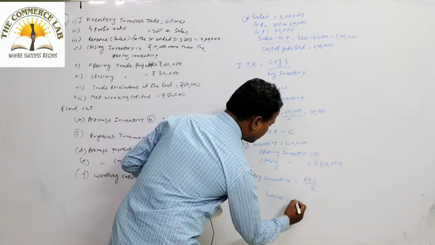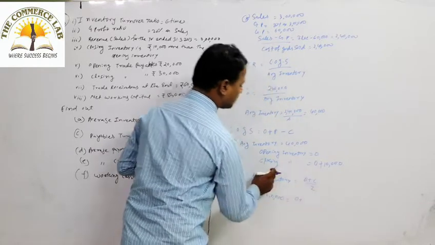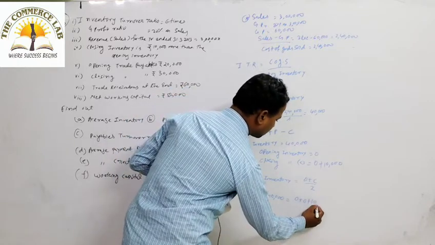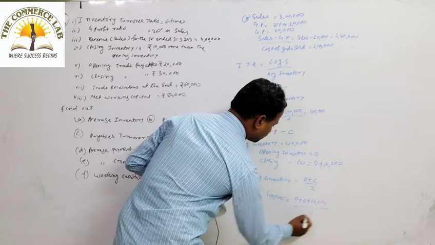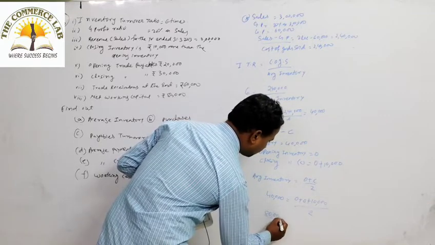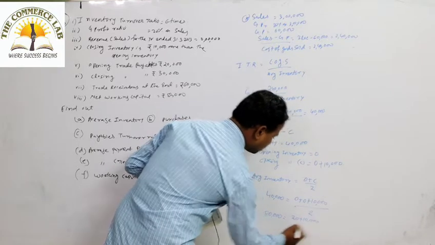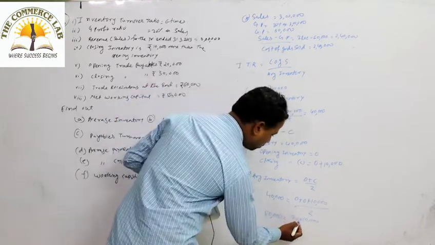Okay, so we can write O plus the closing inventory, O plus 10,000, by 2 equals 40,000. So this is cross multiplication: 2O plus 10,000 equal to 80,000. This is 2O, not 20.